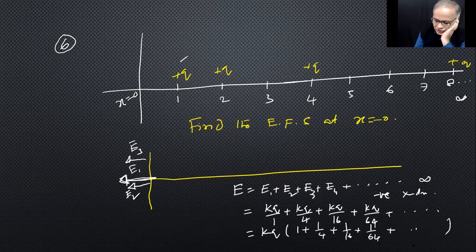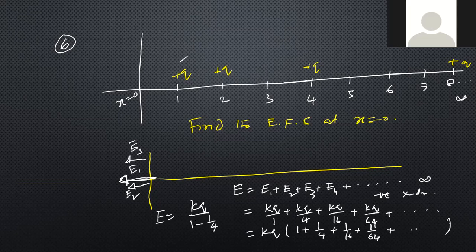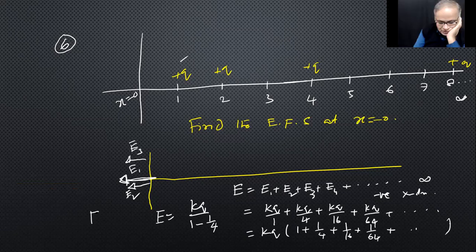So E will be how much? KQ by 1 minus 1 by 4. So it implies E equals 4KQ by 3. Hope people followed it.